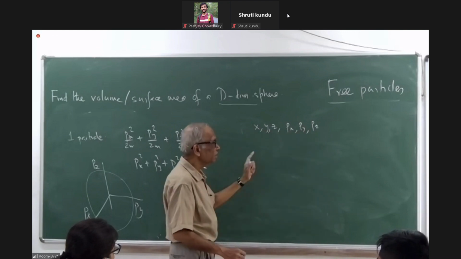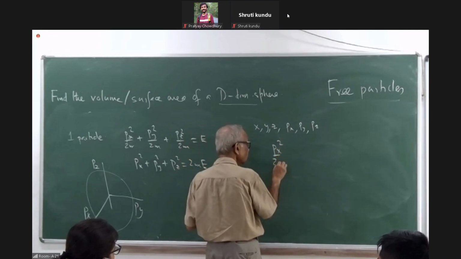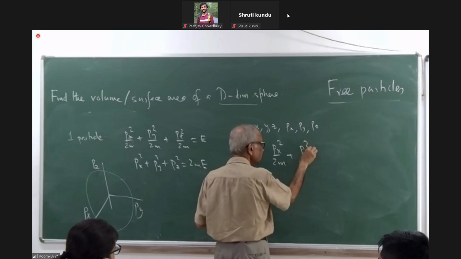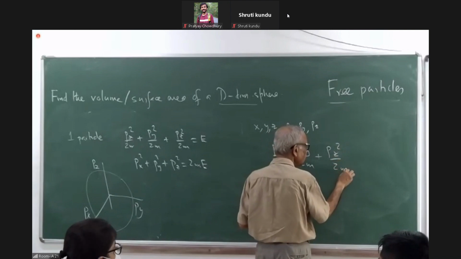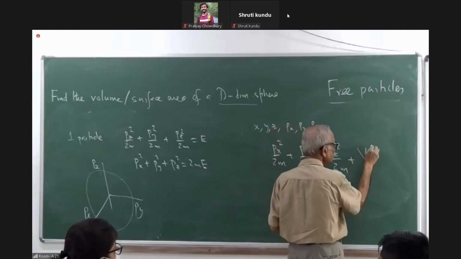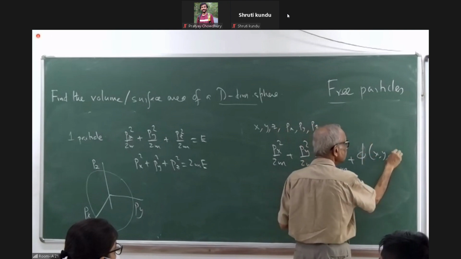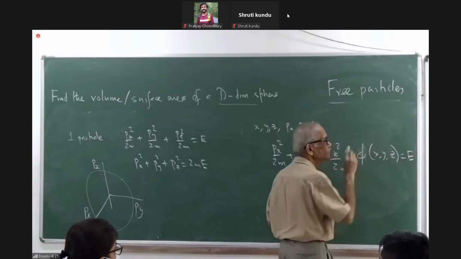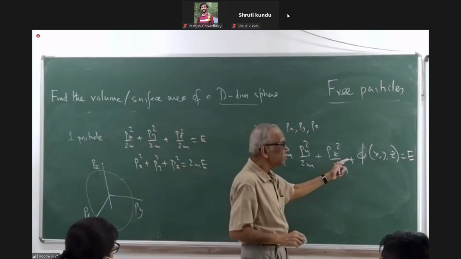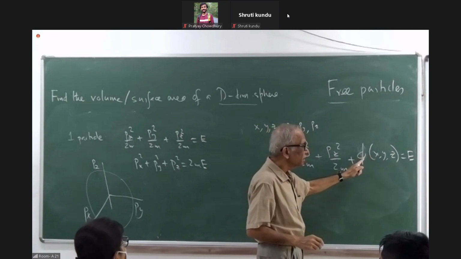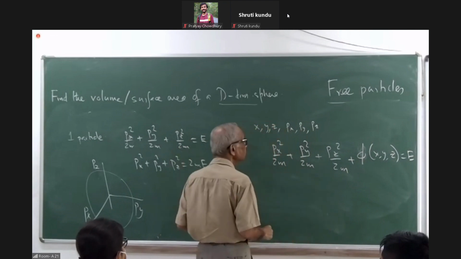In general, for a single particle, I would have px squared over 2m plus py squared over 2m plus pz squared over 2m plus V of x. V is the potential, not the volume. This is equal to E. So if it is a free particle, then the potential is just 0 and therefore it reduces to this.